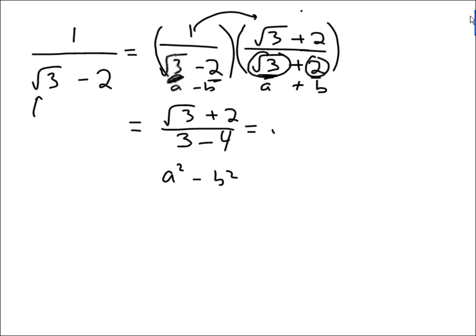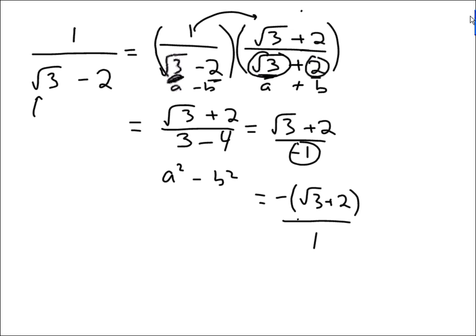So we have the square root of 3 plus 2 divided by negative 1. If I multiply the top by negative 1, I'll get that. And if I multiply the bottom by negative 1, I'll get 1. And the rule for dividing by 1 is don't do it. That is, there's your answer. Negative the square root of 3 plus 2.